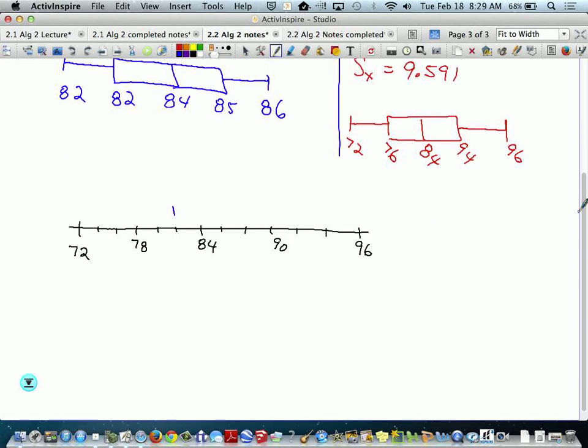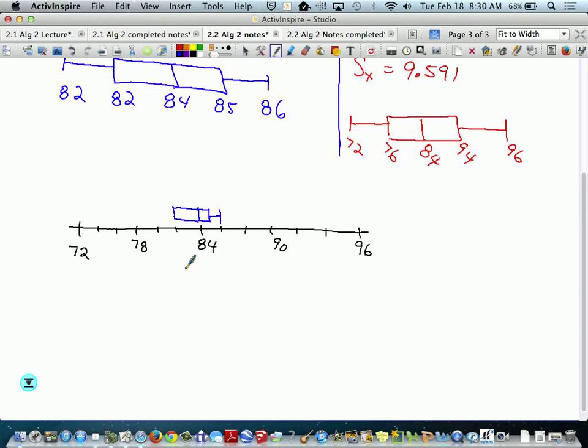That's weird. 84, 85 would be right there, and then 86 is right there. That's kind of weird. It won't have a tail on it because the Q1 and minimum are the same number, right? So that's weird.